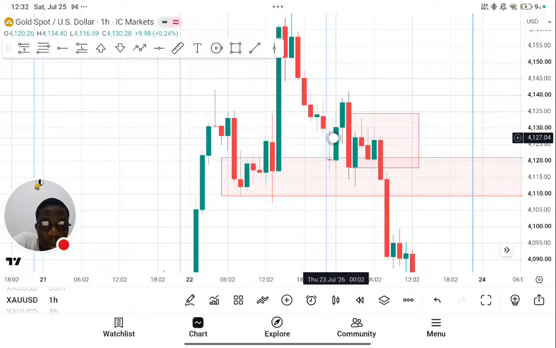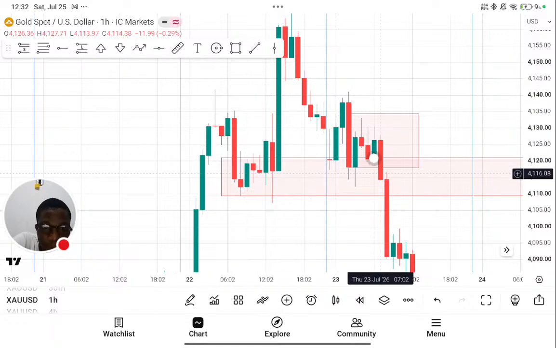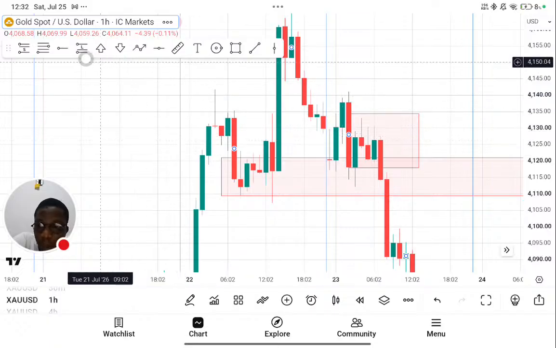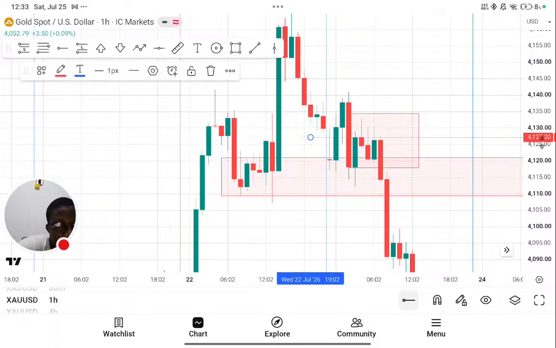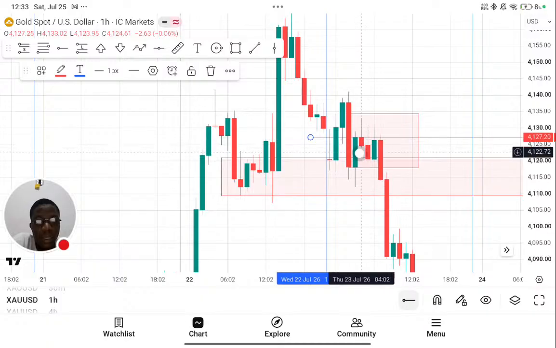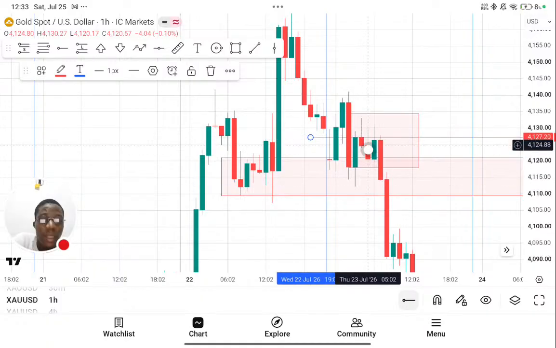Since price came to this level, notice something. No price closed above 127. Anytime price goes up to the highest, it closes. It came, it closed. It came, it closed.